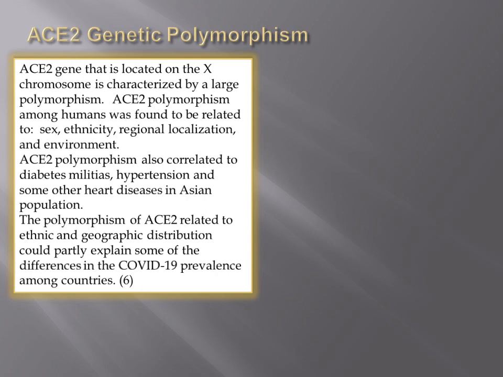Some areas have different ACE2 genetic properties than people in other geographic areas. Some studies believe that this polymorphism could be partly responsible for the diversity in the prevalence of COVID-19 among different countries.